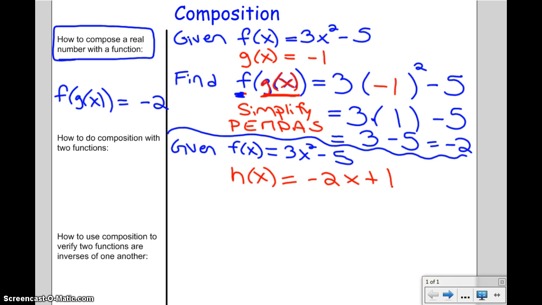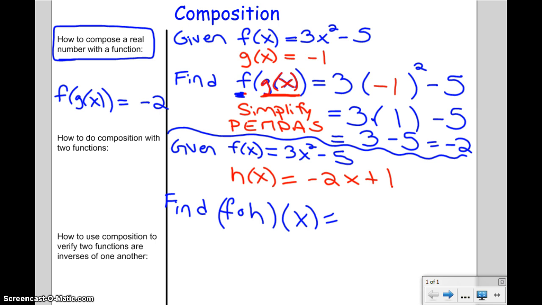What I'd like to find is, let's do f of h. Another way to write f of h is by using the parentheses and the small circle. This is not a multiplication circle. It means of. F of h.